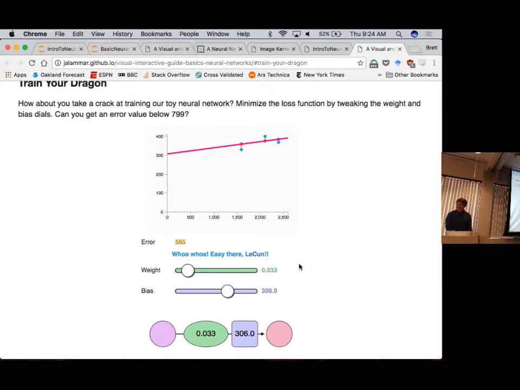You should be able to type things in there, right? Rather than having to slide things. I guess you could probably open the JavaScript. 550.